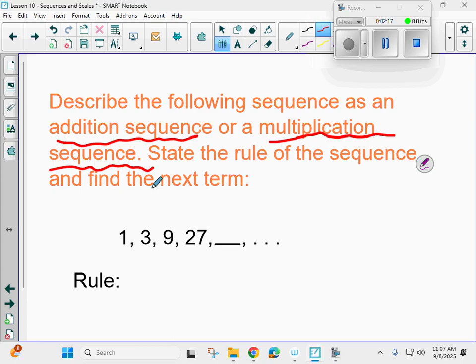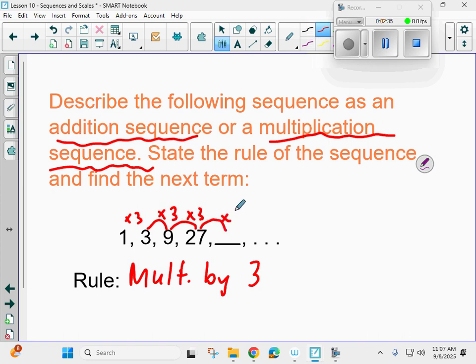So you would write down for the rule that we are multiplying by 3, because 1 times 3 is 3, 3 times 3 is 9, and 9 times 3 is 27, and 27 times 3, Marcus, what'd you get? 81. So the next number would be 81. You would fill that in because 27 times 3 is 81.